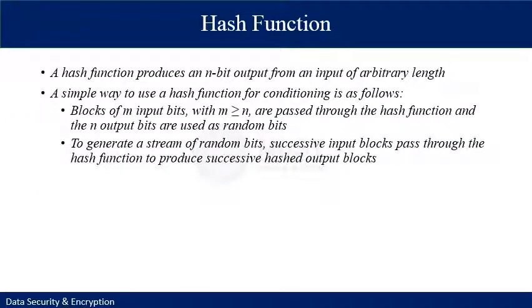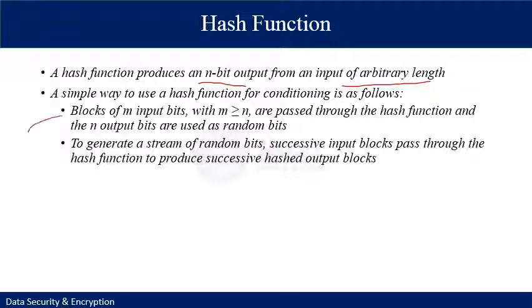Operating systems typically provide a built-in mechanism for hash functions. A hash function produces an n-bit output for an input of arbitrary length. A simple way to use a hash function for conditioning is as follows.